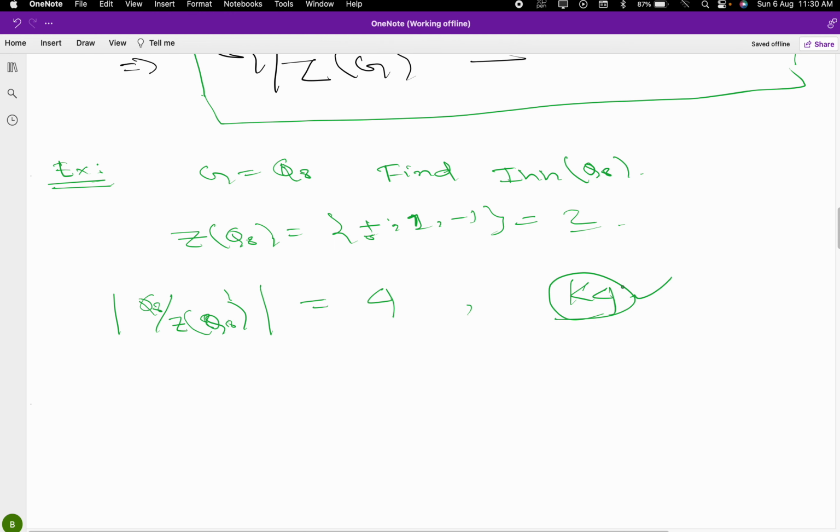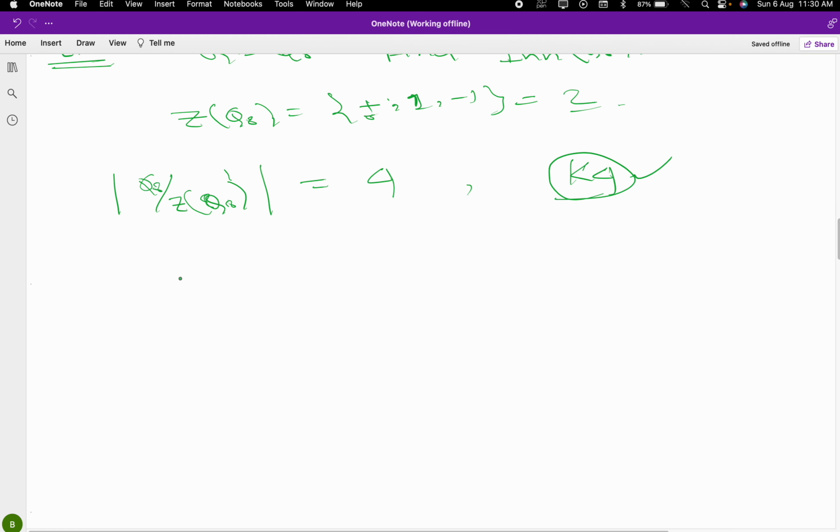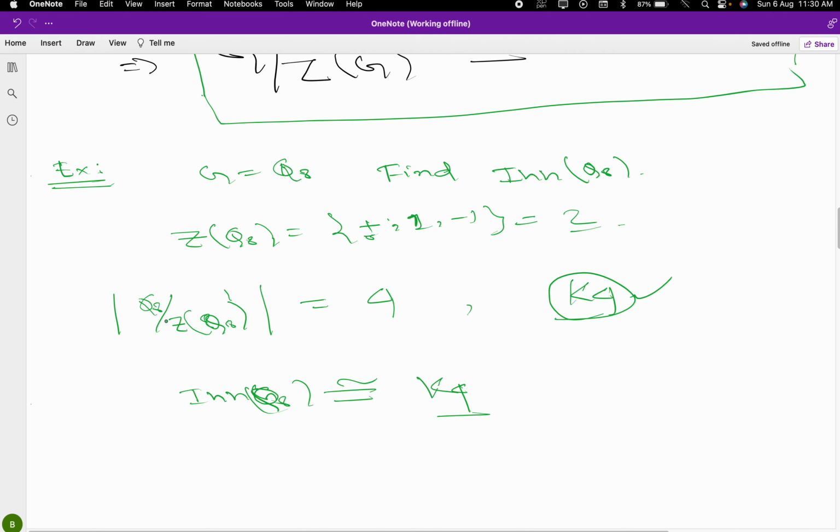So the inner automorphism of Q8 is isomorphic to K4, because Q8 by Z of Q8 contains 4 elements, and for 4 elements we have only one group. This is called Klein's 4 group.